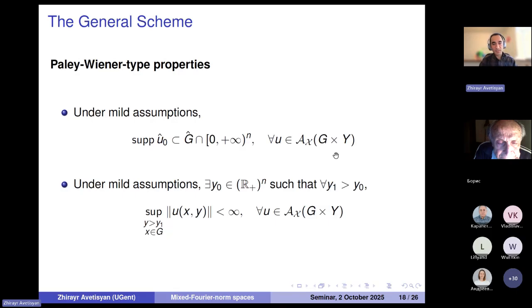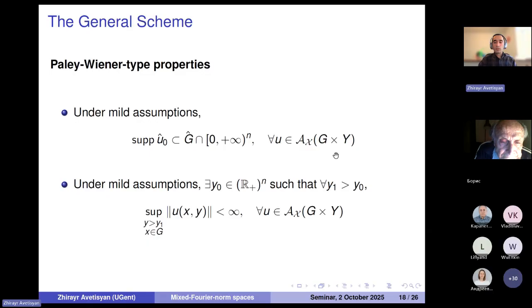So there exists a y0 so that for every y1 larger than y0, the supremum of u further than y1 in the positive directions is finite. So this is an analog of boundedness around the origin for the unit disk.